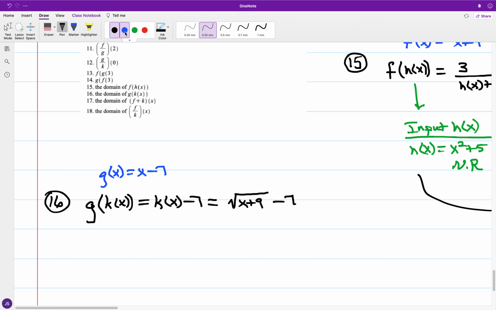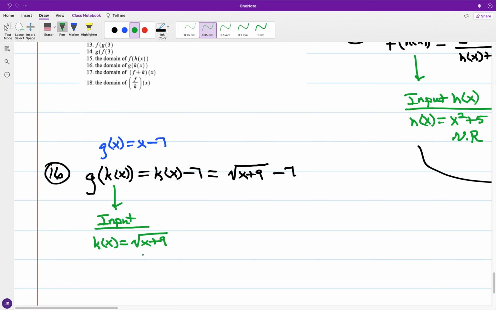Now, for the input, k of x is equal to the square root of x plus 9. Now x plus 9 can be 0 or positive, so the restriction is going to be that x is greater than or equal to negative 9.